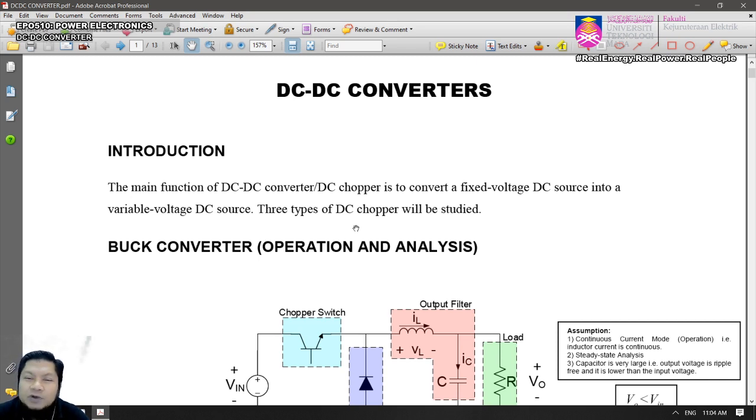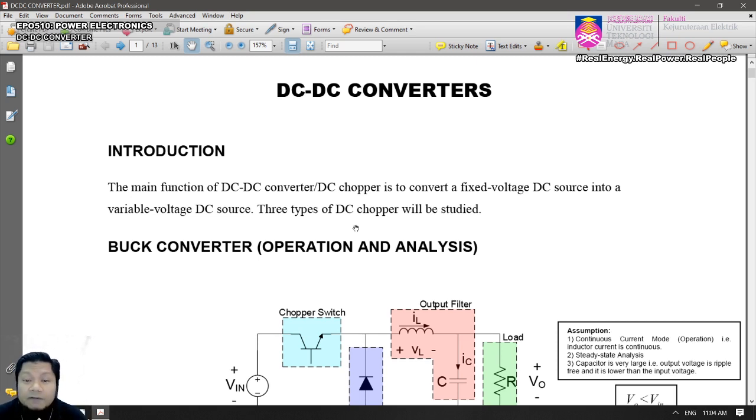Yes, we do have voltage regulators, a small IC with a 12 volt input and a 5 volt output, but that can only handle a small amount of current, a very low power application. In the case of high power applications, we need a proper DC-DC converter, which converts the DC level from the input to a different DC voltage level at the output.